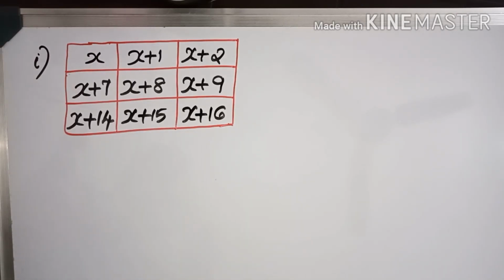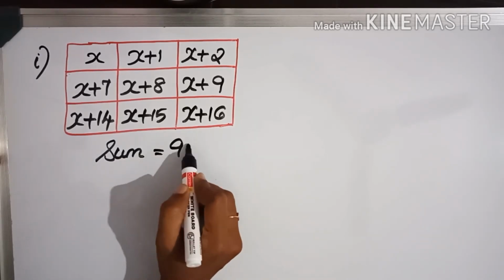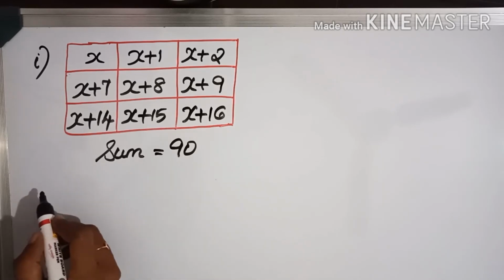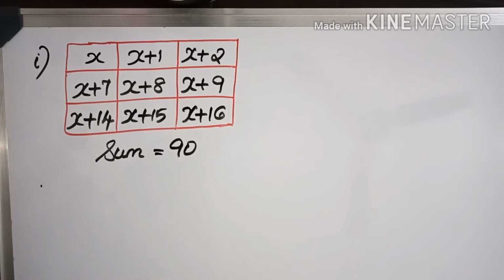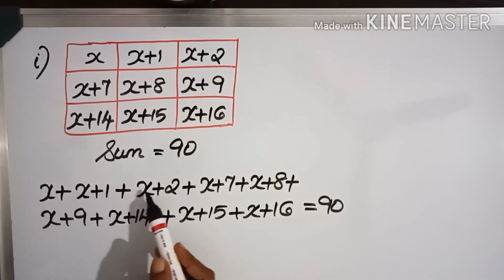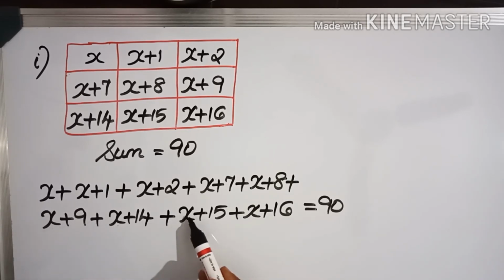Now it is given that sum equal to what? Sum equal to 90 is given. Okay, so for that we have to add all these numbers. So let's write all the numbers like this. Now we have to add all the x here. 1, 2, 3, 4, 5, 6, 7, 8, 9.